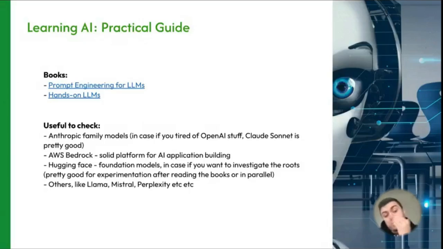The next interesting one is Hugging Face. Hugging Face is kind of an open source hub with any kind of models for AI, not only LLMs. They could be trained for some specific stuff, and they can also be installed on your machine, so you can even run them locally and experiment with them.